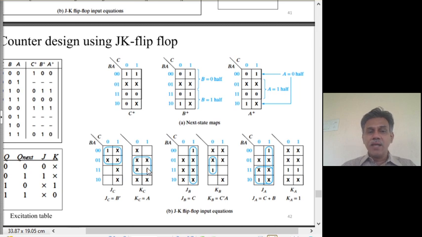We are not explicitly writing the Kc K map, but we are mentally imagining it here and then writing the equations. So the ones and zeros have to be mentally flipped while reading, which means we have to cover zeros and not ones, and then write it. So if you cover zeros, this is a coverage or this is a coverage, and accordingly we have chosen this, and accordingly you write.